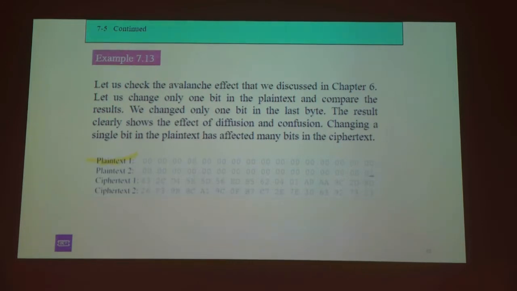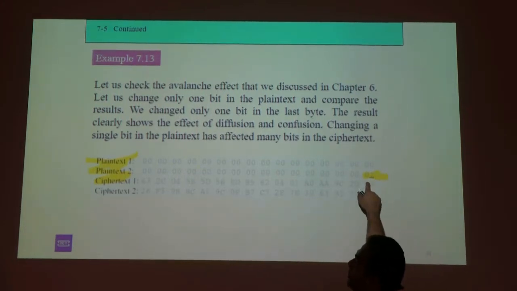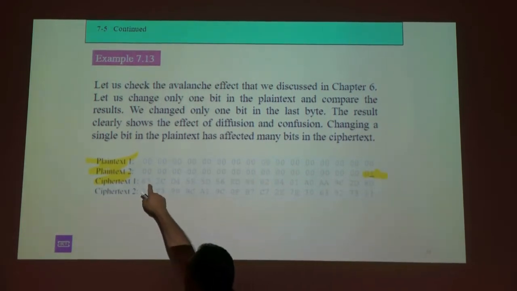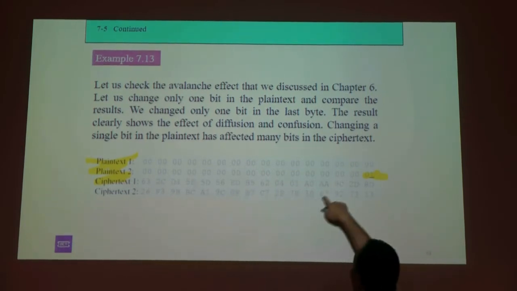Plain text 2 is all zeros except we change one bit. So the two texts are identical except for one bit. Okay? And we're using the same key. When you look at the cipher, it's completely different.